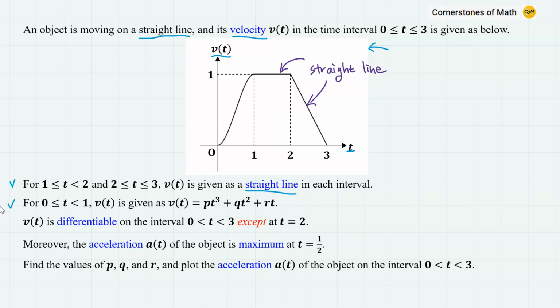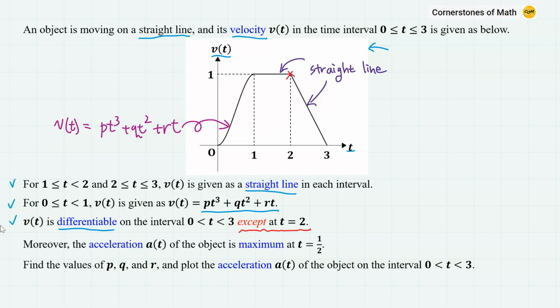For t greater than or equal to 0 and less than 1, v(t) is given as pt cubed plus qt squared plus rt. So this part of the graph is a cubic function. The velocity v(t) is differentiable on the interval t greater than 0 and less than 3, except at t equals 2.